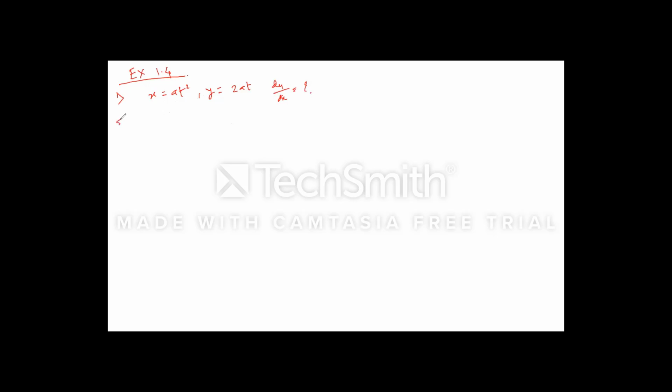First we consider one very important theorem: dy by dx equals dy by dt upon dx by dt. Using this result, we are going to find the derivative of this parametric function. Let me call this equation 1.